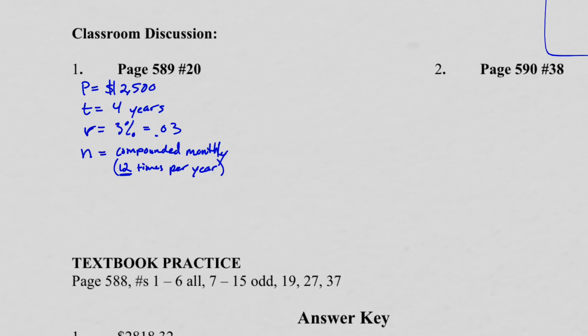All right. So let's go ahead and plug this in. So it's going to be P times 1 plus r over n, raised to the n times t power. Okay, so we got our P, which is 2,500.